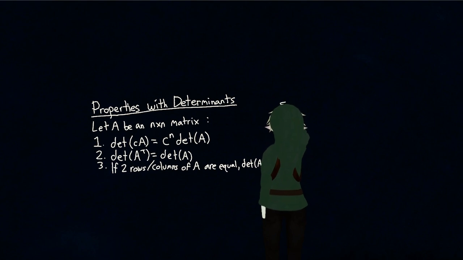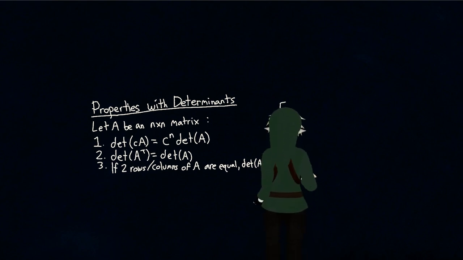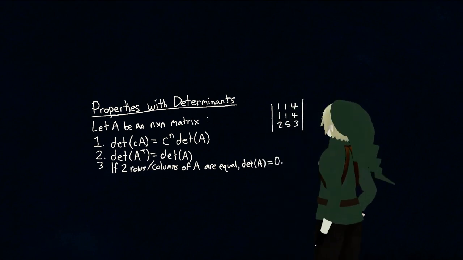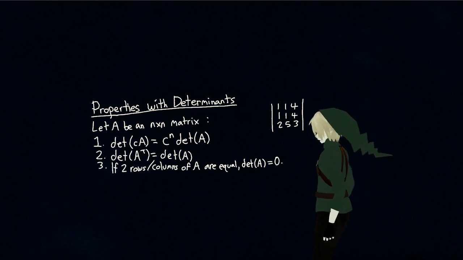Here's what I mean by that. Okay? Or let me actually write it in absolute form, right? Let's just say like here. We have two rows that are the same, right?